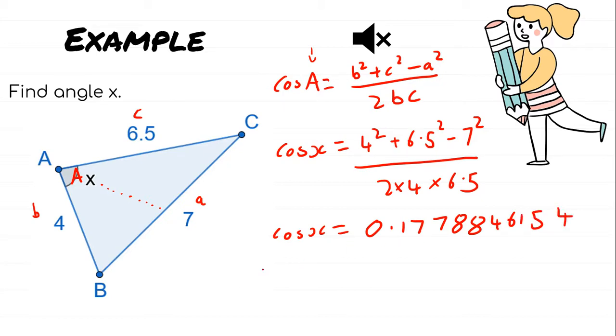And again, we're going to use the inverse cosine function, which we've seen before, to be able to answer this. So we're going to press shift, cos, and that'll type this onto your calculator.